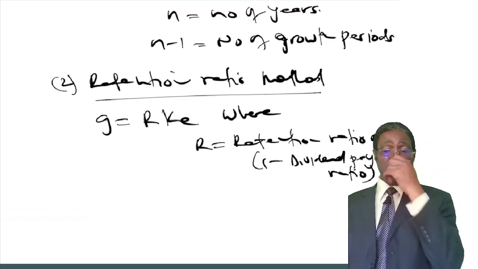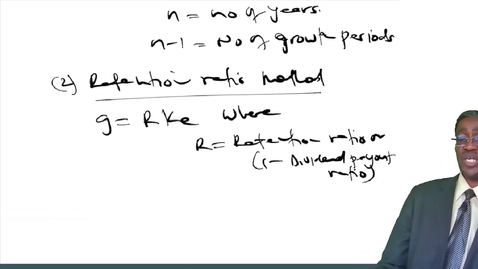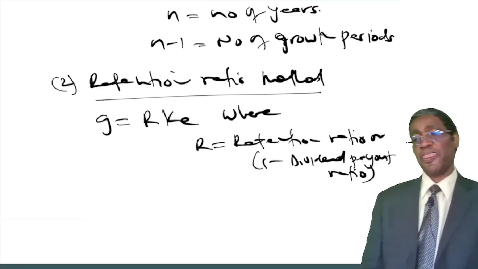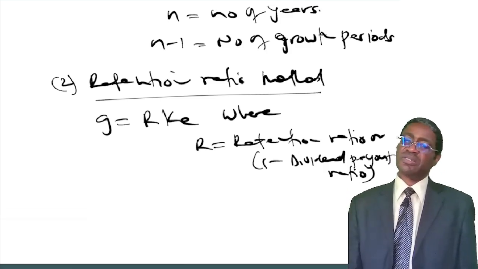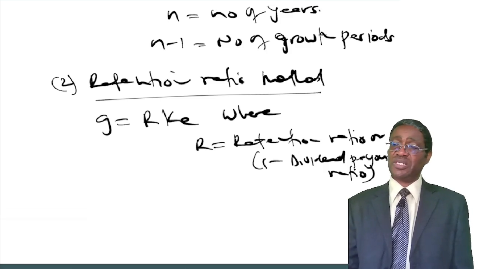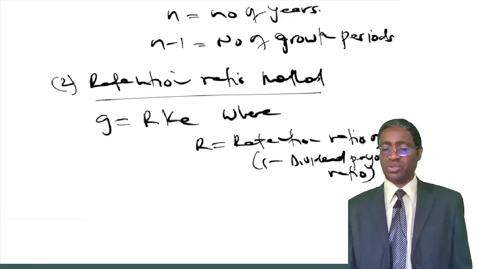So if you are determining R, which is the retention ratio, you can take 1 minus the payout ratio. The question might tell you the payout ratio was 10%, 40%. So if you know the payout ratio is 40%, you subtract 0.4 from 1, you get the retention ratio.